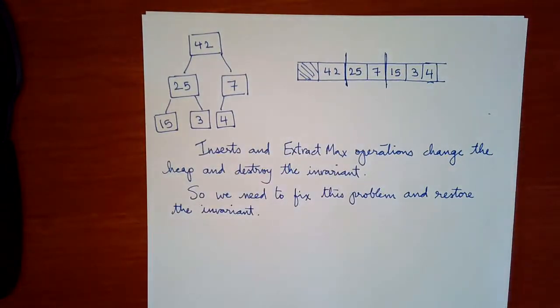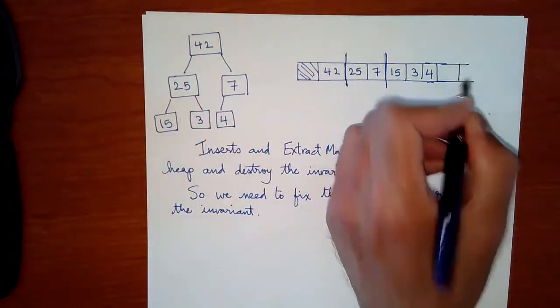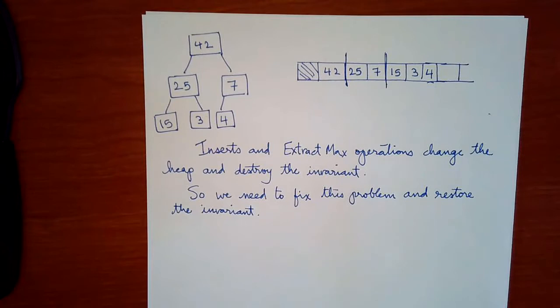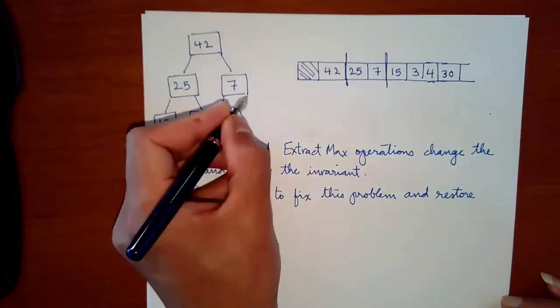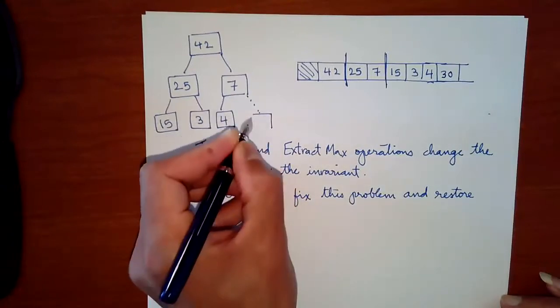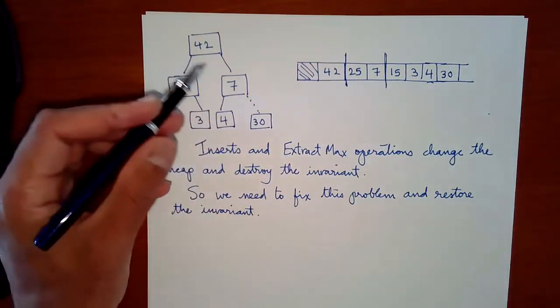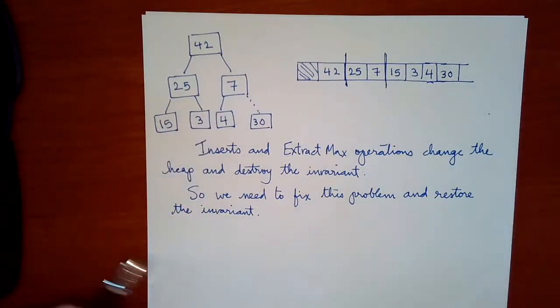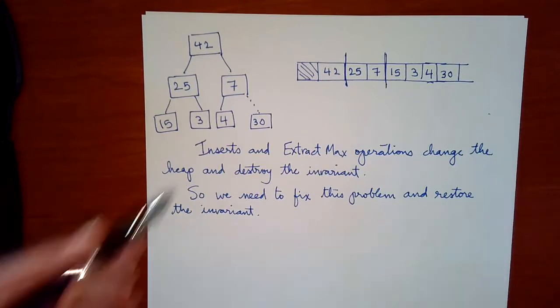Now the problem is if you insert, so let's go ahead and insert something into the array, right? Let us insert a number, let's insert 30. So then what this would mean is you would put 30 over here. But that destroys the heap property. And so what we now need to do is we need to manipulate the data structure to make it have the heap property. We need to fix this.